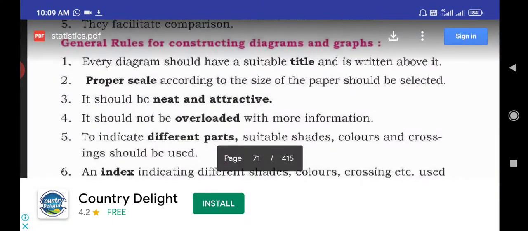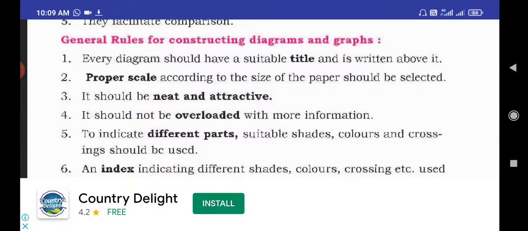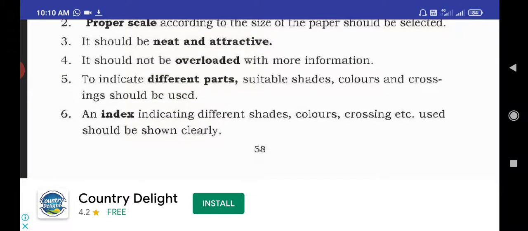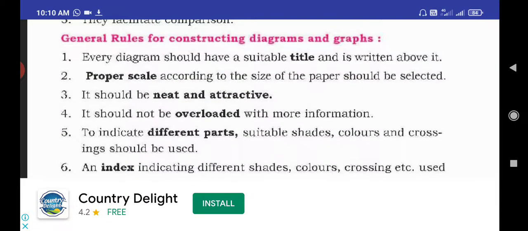Okay, next we should know what the general rules are for constructing diagrams and graphs. Let us know what rules we have to follow. First point is every diagram should have a suitable title, written above it.